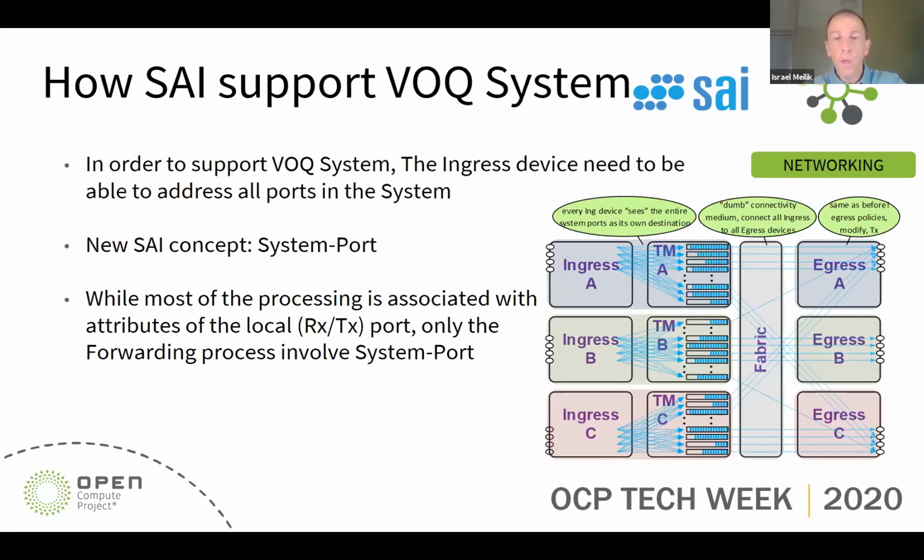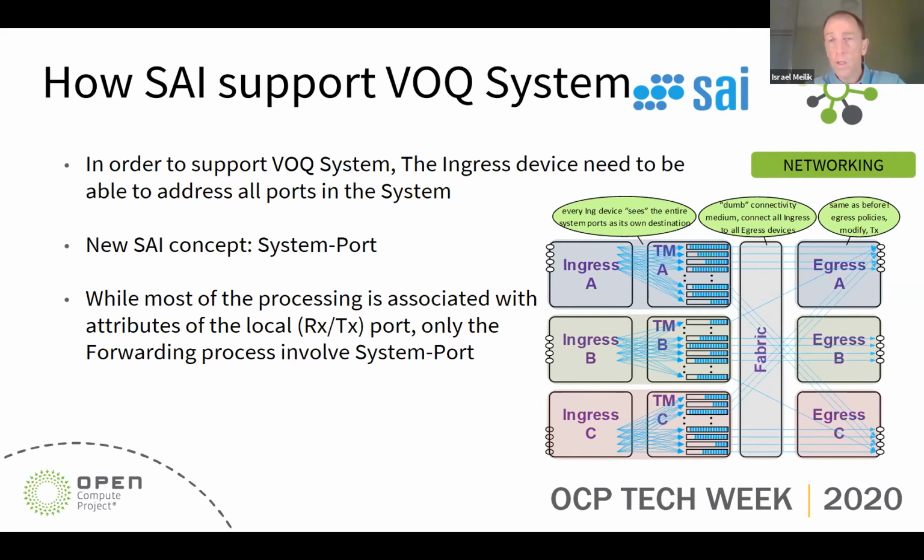So after we have a basic understanding of the VOQ system, let's see what needs to be done in SAI to support that. Of course, we start with the basic SAI that is already implemented for basic switches. In essence, we needed to add only one object, which is the system port.